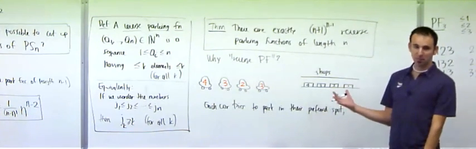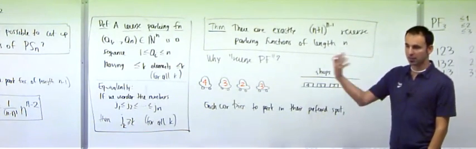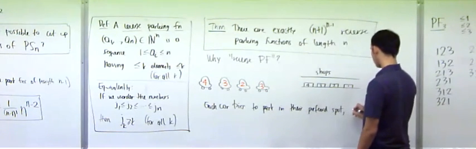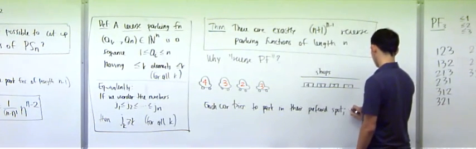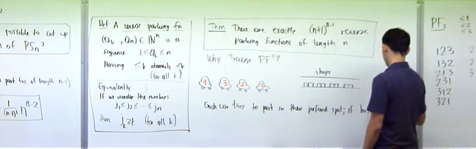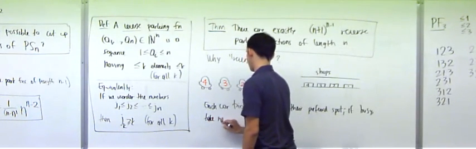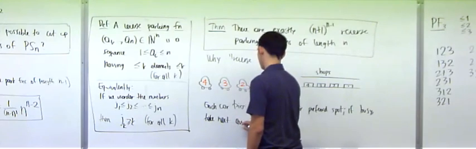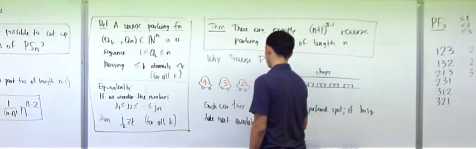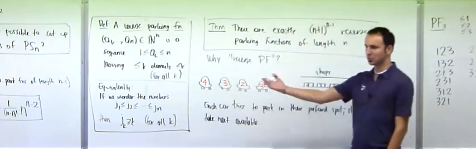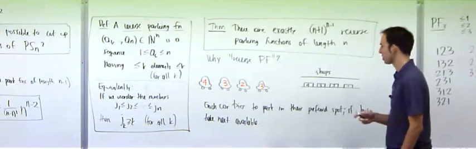And if that spot is not available, then they're going to take the next available one. If busy, take the next available one. By next, you mean here? It's a one-way street, so you just, I mean, okay. As you would do, you would just try to park as close as possible to where you wanted to park.